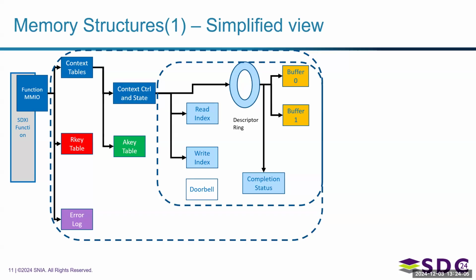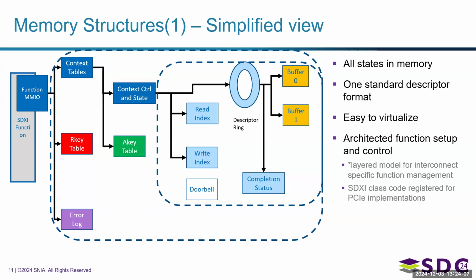That's fine. So just to repeat if you missed it: the inner shaded region is what the user level software needs to know, and the outer shaded region is what the privileged software has control over. All states are in memory, and we have a descriptor format that's standardized.